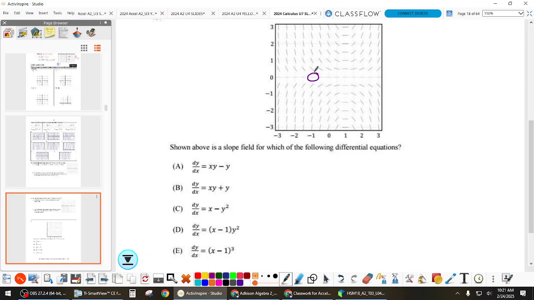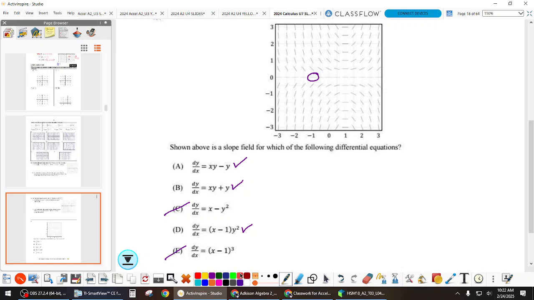So far, A works. B, -1 times 0 plus 0, that still works for this first point. C, -1 minus 0, that one doesn't work because that gives a negative slope instead of a 0 slope. D, -1 minus 1 is -2 times 0, so that one is still valid. And then -1 minus 1 cubed is not going to work. That's not a 0 slope, so that one doesn't work.